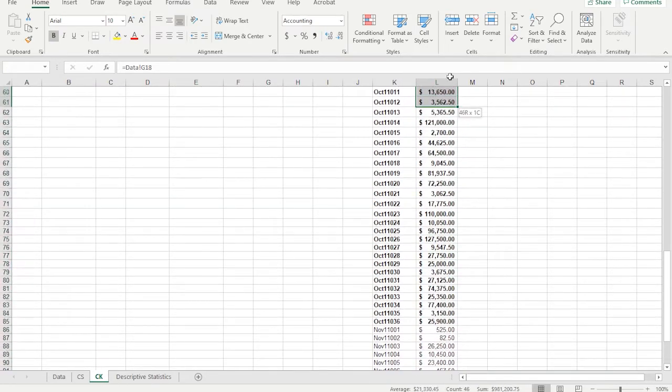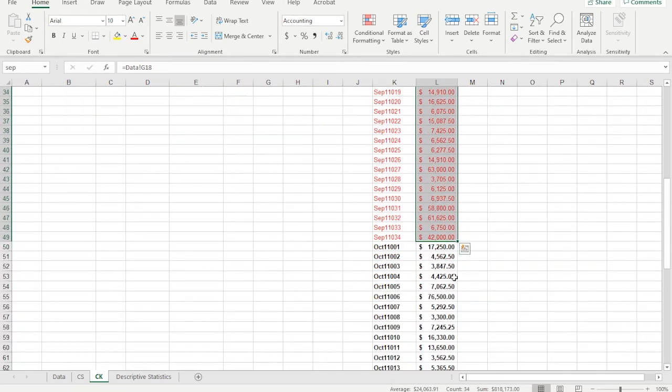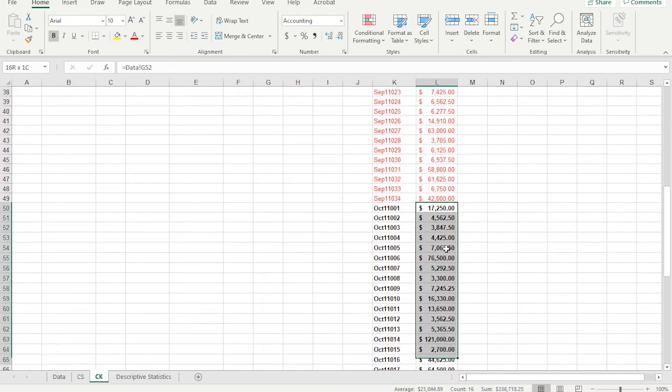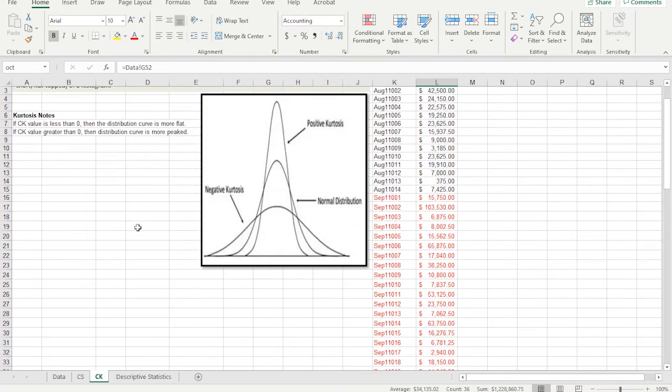Let me go ahead and do a named range. So that's going to be TP for September, and then these values in bold will be OTT for October. So I can refer to them later. All right. So what I'm going to go ahead and do is I can go ahead and create some histograms and see how they look like.